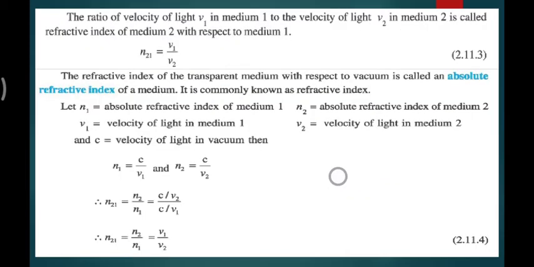Let us go on. What exactly is this constant n? It is named the refractive index. Index means number. The refractive index is a number which represents how much light can bend inside that particular medium. Suppose air has a refractive index of 1.